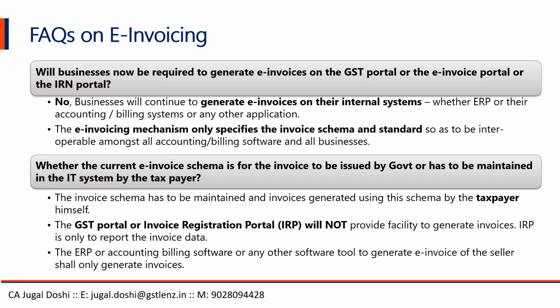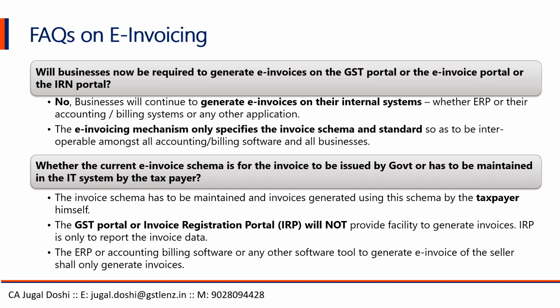So now, the first FAQ is: will businesses now be required to generate e-invoices on the GST portal or IRN portal? The answer is no. We have to just report it. The invoices would be generated by our own software. Then, whether the current e-invoicing schema is for invoices to be issued by the government or has to be maintained in the IT system by the taxpayer?